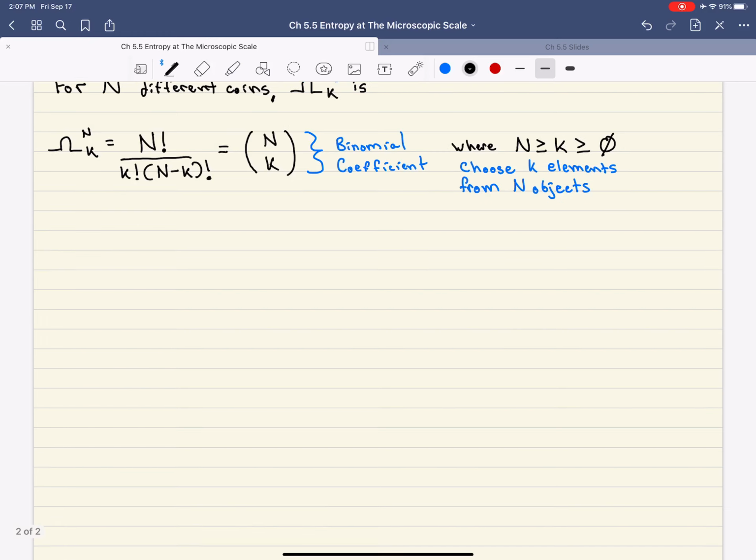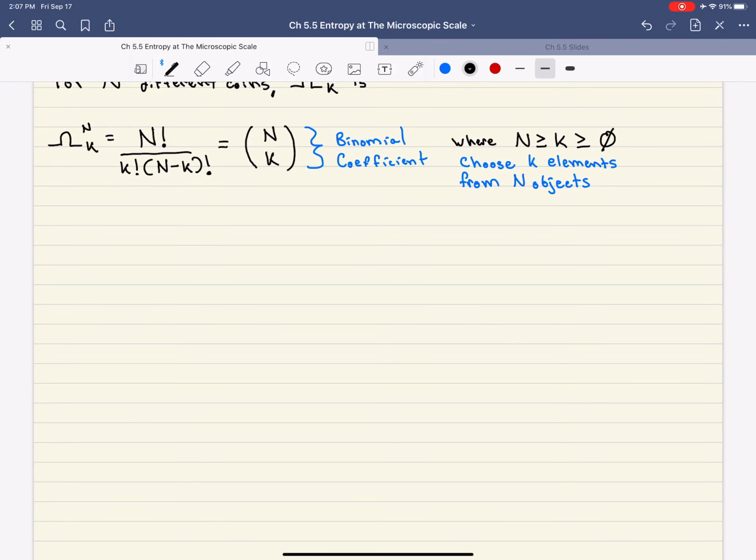All right, so let's start plugging in some numbers to get a feel for what this equation would predict for us. Okay. All right, and so let's consider the case where we have 100 coins. Okay. In this case, the total multiplicity of our collection of coins would be 2 raised to the 100.